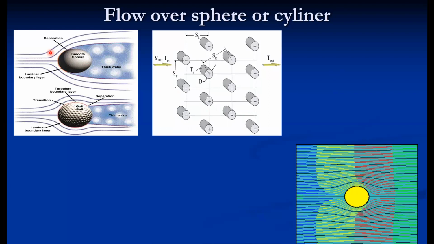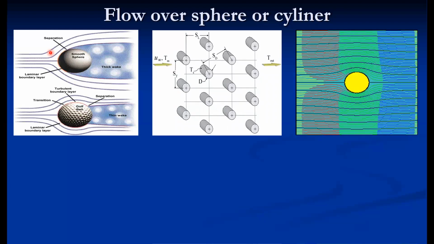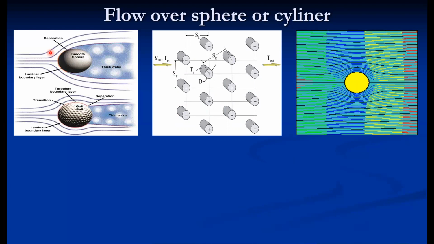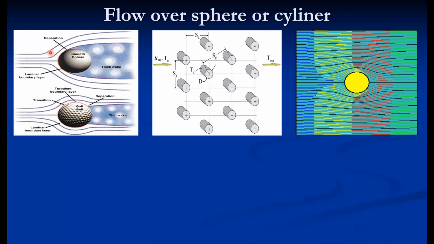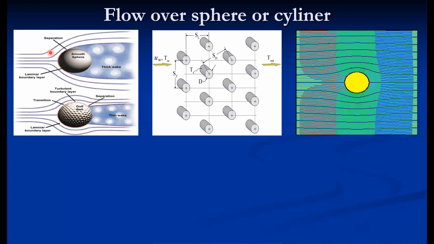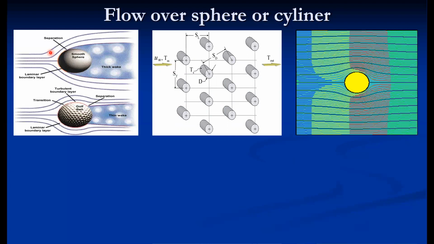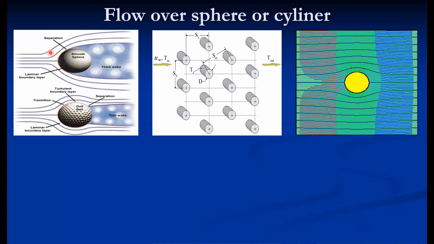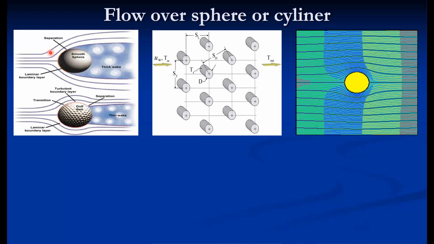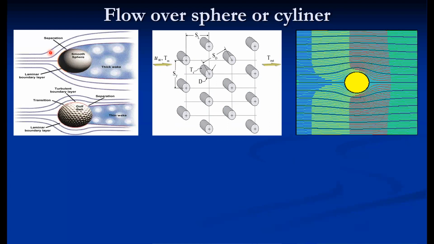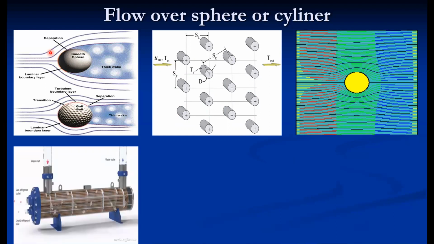Generally when the flow takes place over a cylinder or sphere, such flow patterns are developed, and CFD plays a very important role in understanding the flow physics, especially when cylinders are arranged in line or in staggered arrangements. Mainly cooling coils.